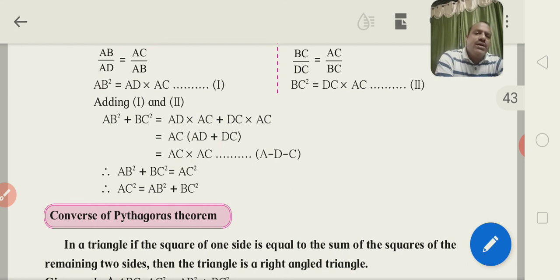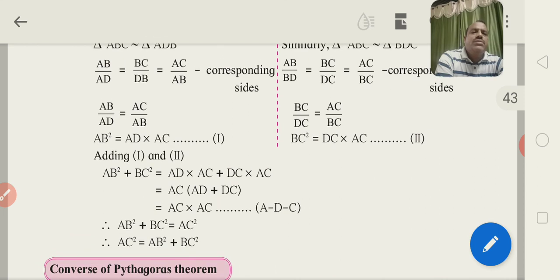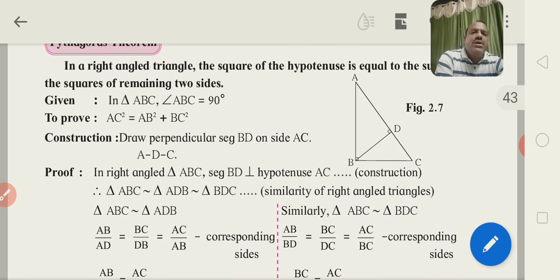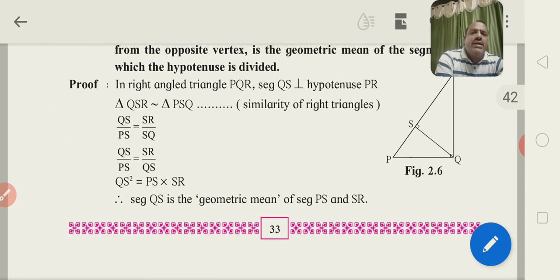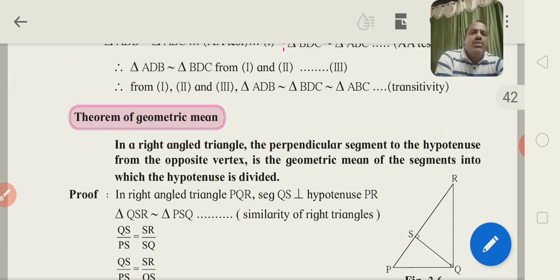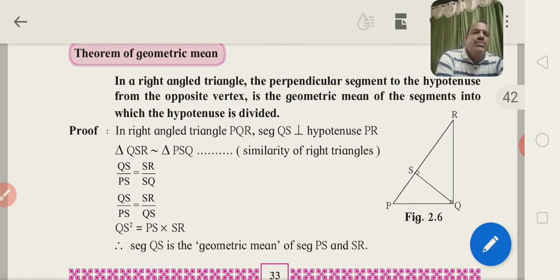Of these three theorems, only the first two, the Pythagoras theorem and the theorem of geometric means, will be asked many times in our SSC board exam. So students, I request all of you to write the first theorem and learn it.